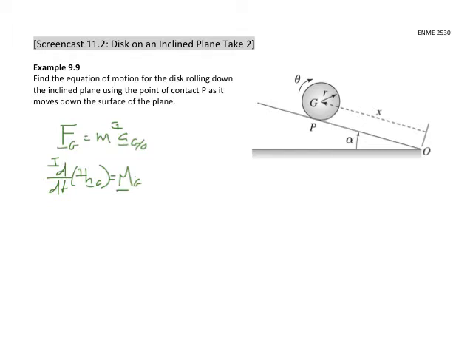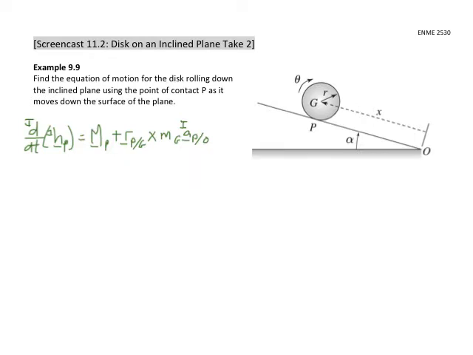And the arbitrary point that we've defined here is the point of contact P as it moves down the surface. So P isn't attached to the rigid body, so we can't apply that instantaneous velocity being zero. Instead, the velocity is going to be the point P as it rolls down the surface toward point O.